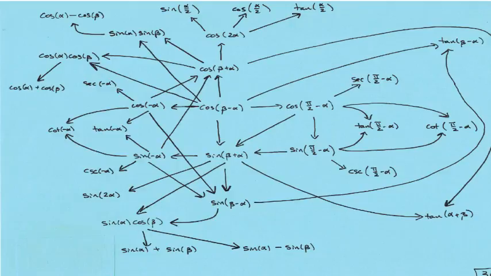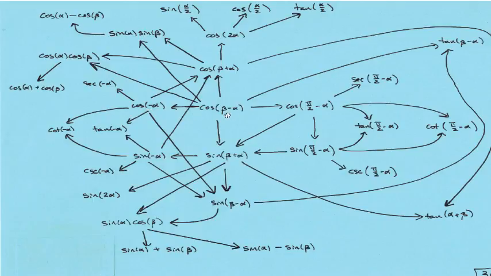So what this diagram represents is all of the derivations that we have made up to this point. So the arrow being from where we start to the derivation that we made. Starting here in the center with the cosine of beta minus alpha, we were able to derive the sine of beta plus alpha. We were able to derive the cosine of minus alpha.